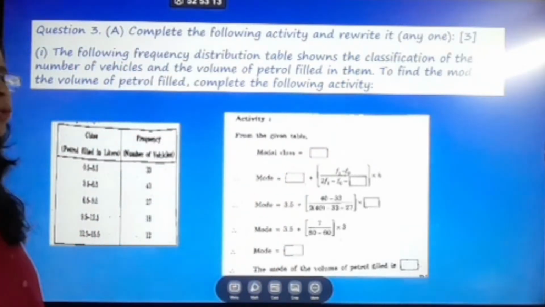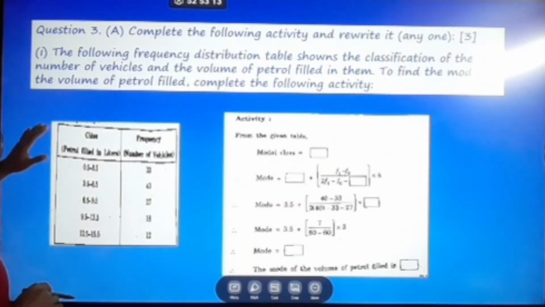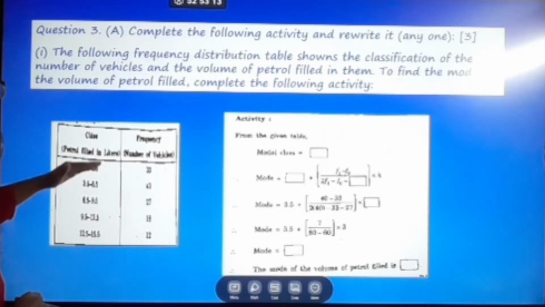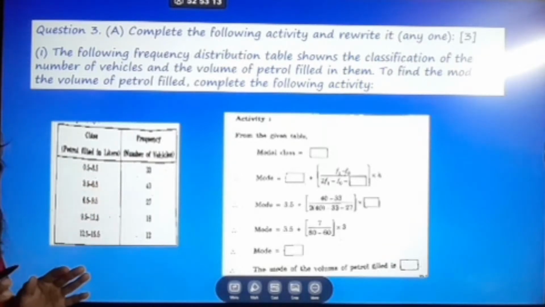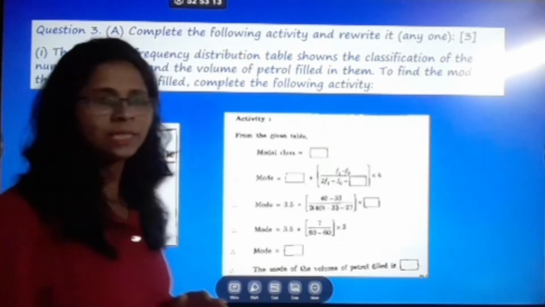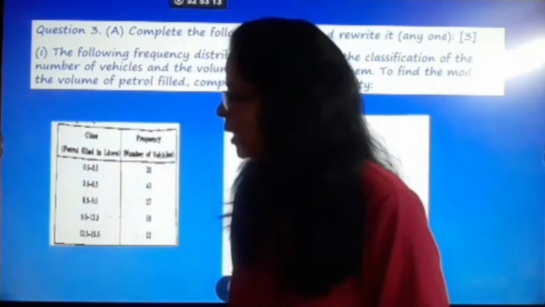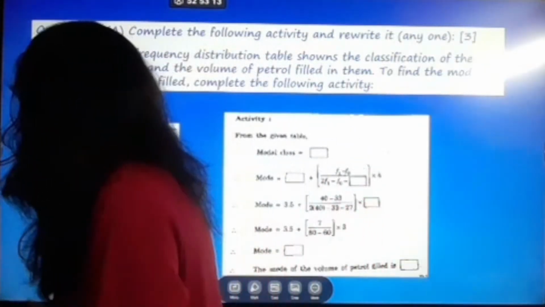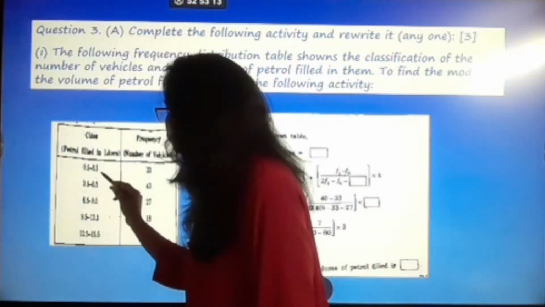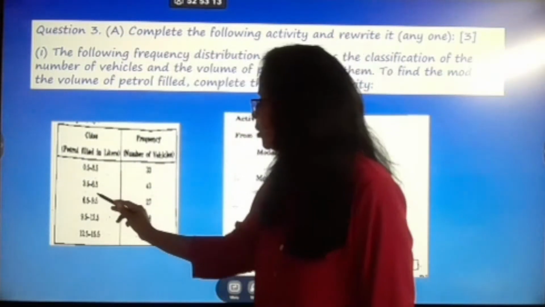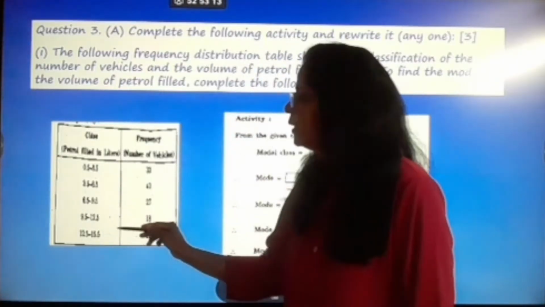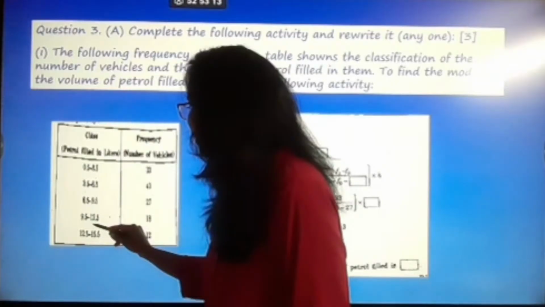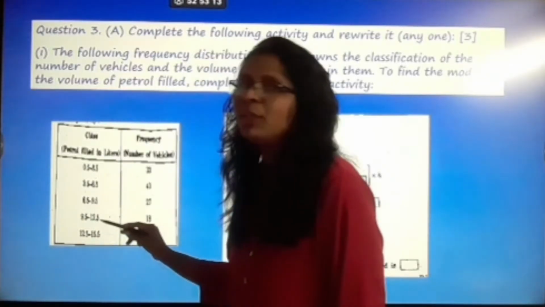Yes, students. Here the first column is the class, the petrol filled in liters, and the class intervals are 0.5 to 3.5, 3.5 to 6.5, then 6.5 to 9.5, 9.5 to 12.5 and 12.5 to 15.5.